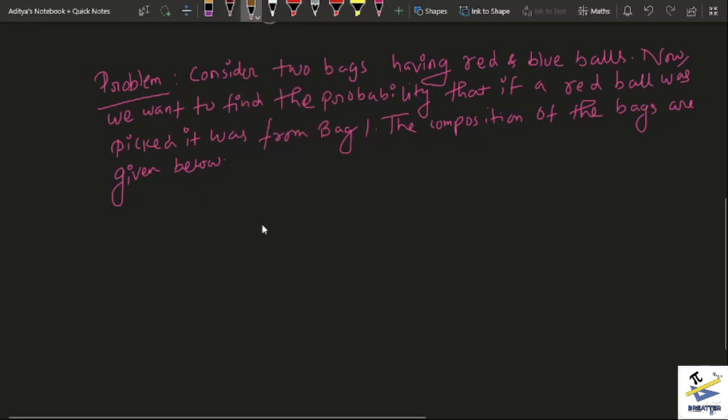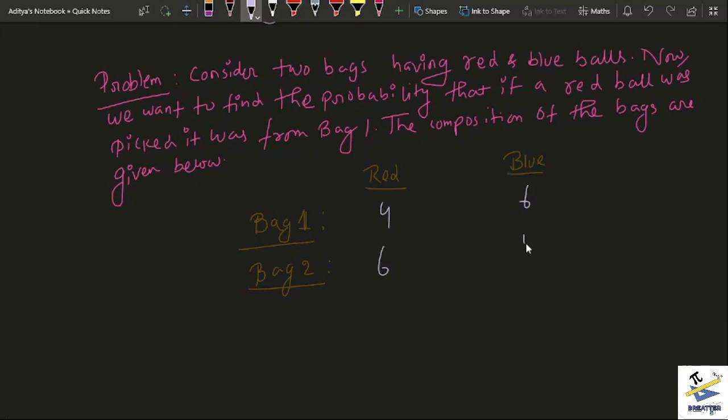We would write something like bag 1, and we can write here red, we can write here blue, and we can write here bag 2. So red and blue are given, and for bag 1 and bag 2 we have the following composition. So 4 red balls in this, 6 blue balls in this, 6 red balls in this, and 4 blue balls in this. Okay, so the question says that a red ball was already picked at random from a certain bag.